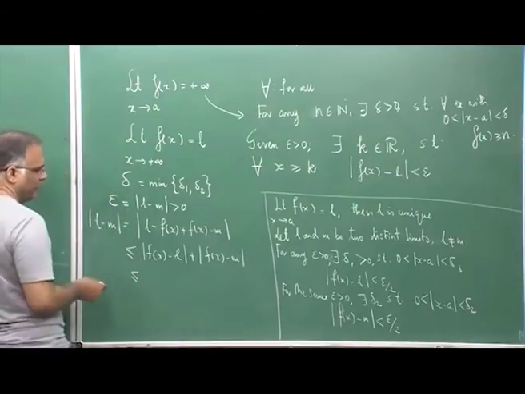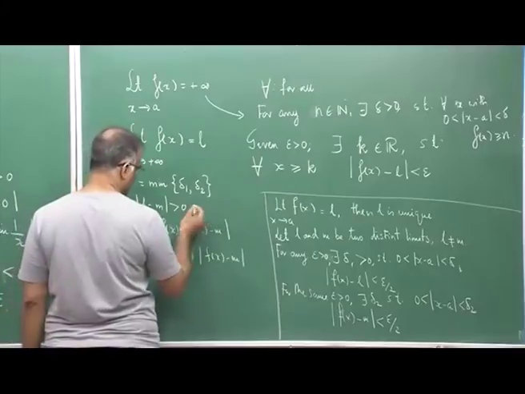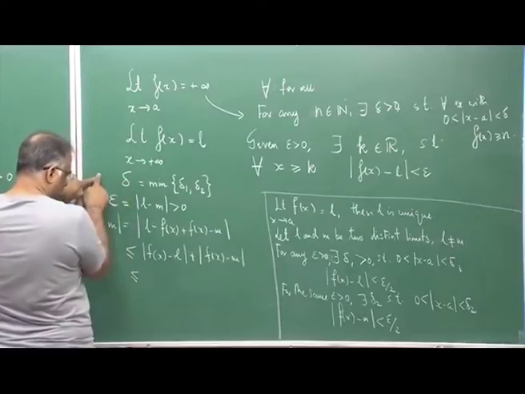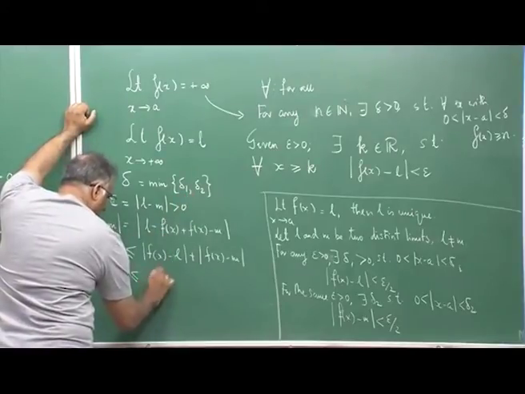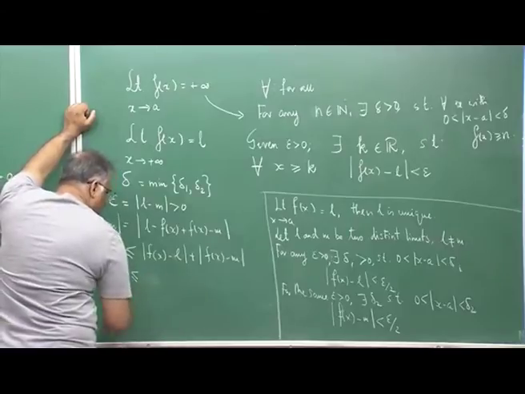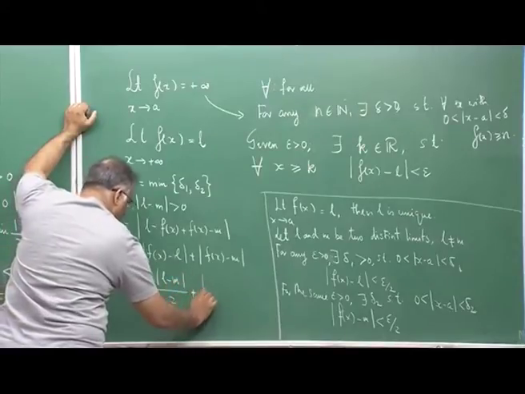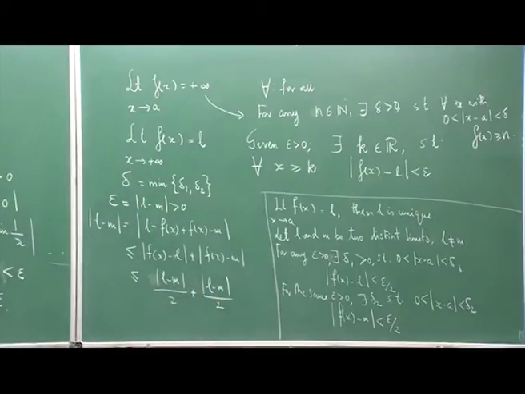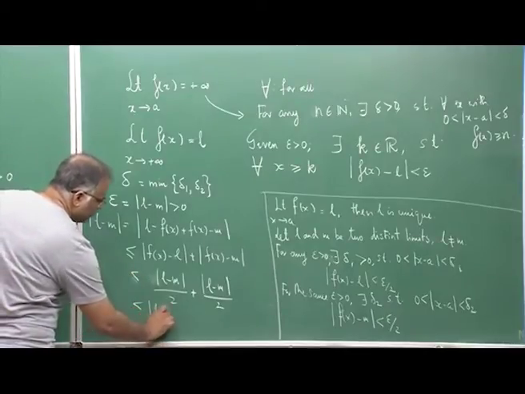So, for every x lying between A minus delta and A plus delta, with this particular delta, I would have this to be less than epsilon by 2 and this to be less than epsilon by 2, which means this is strictly less than |L - M|.